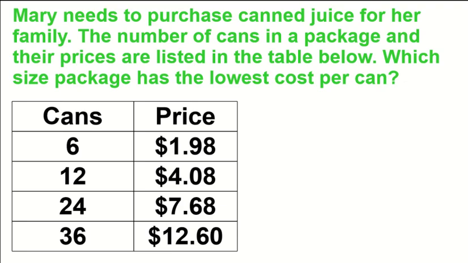All right, so this one here, we got cans of juice. It says Mary needs to purchase canned juice for her family. The number of cans in a package and their prices are listed in the table below. Which size package has the lowest cost per can?